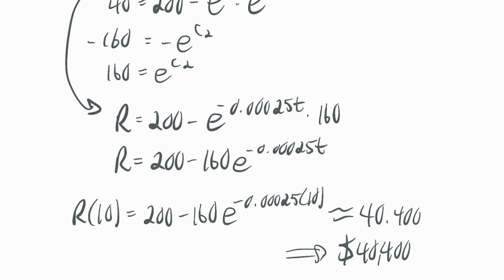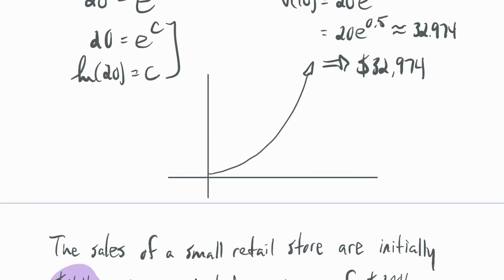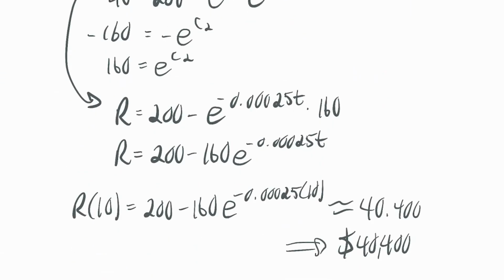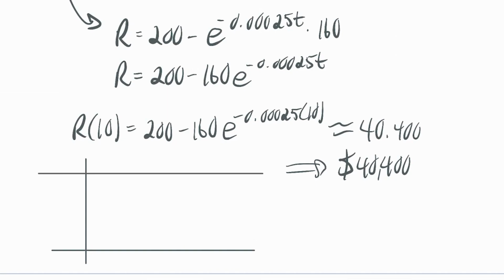What's the difference? Well, the previous model, if we scroll up and look at it, assumes uninhibited growth forever, which is not realistic. What does this one predict? Well, this one predicts something like this. There's a cap indicated like this, like an asymptote.